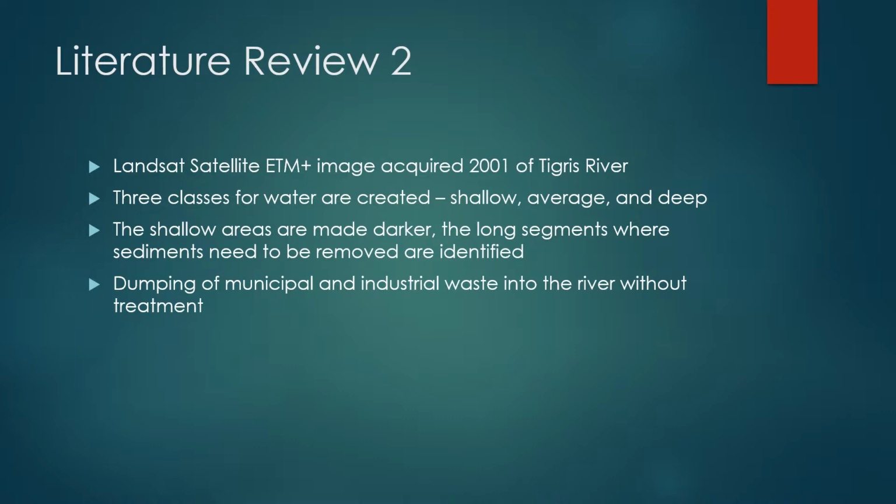The shallow areas are made darker, and the objective of this project is to identify the long segments where sediments need to be removed. The other reason for this project is that municipal and industrial waste is being dumped into the river without treatment in this area, and it's talking about Baghdad.